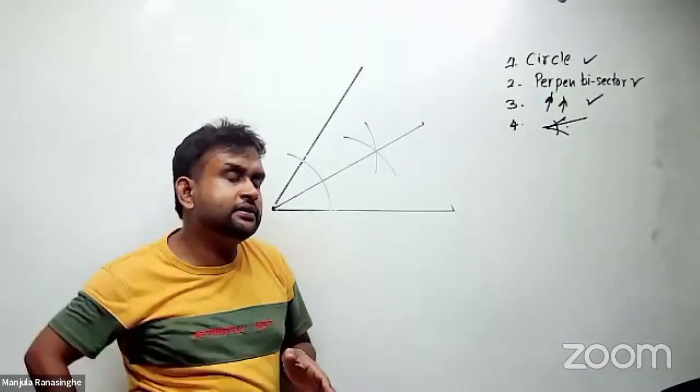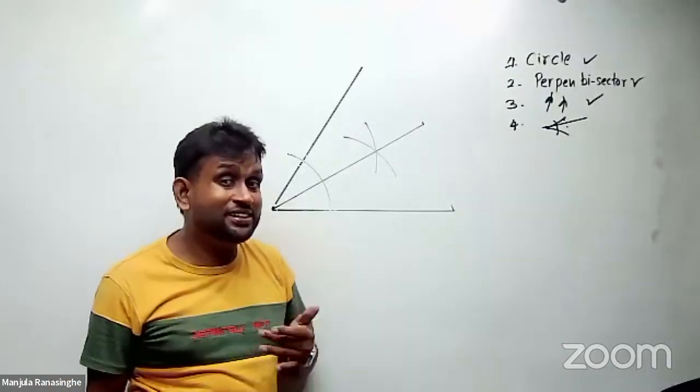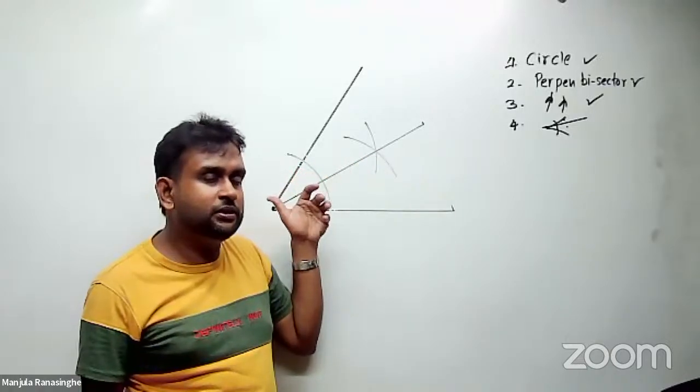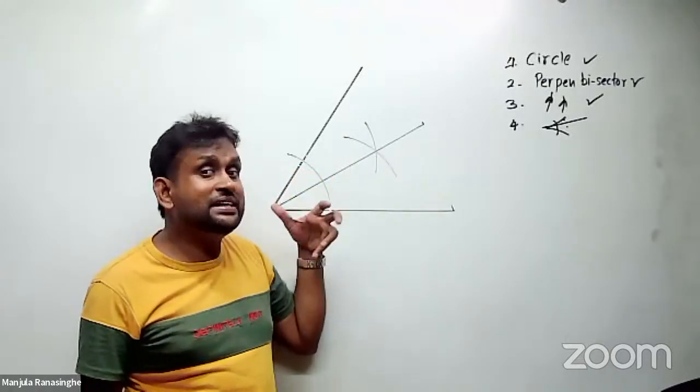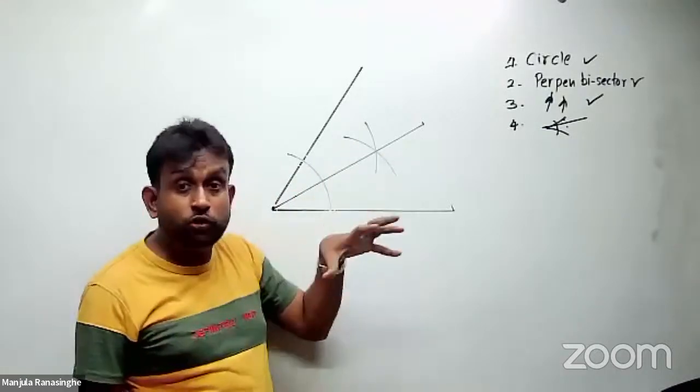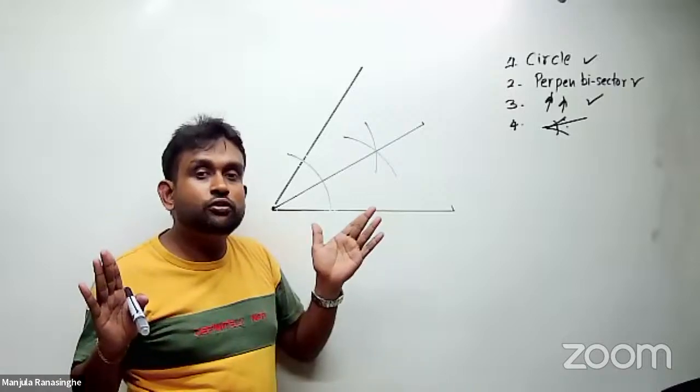In the first paper, sometimes it is not compulsory to draw with the compass or whatever. They are asking for a sketch, but I suggest you just use this equipment and draw it nicely.